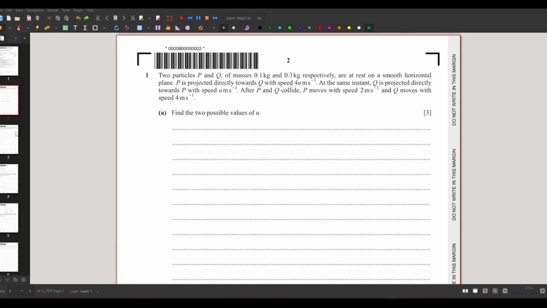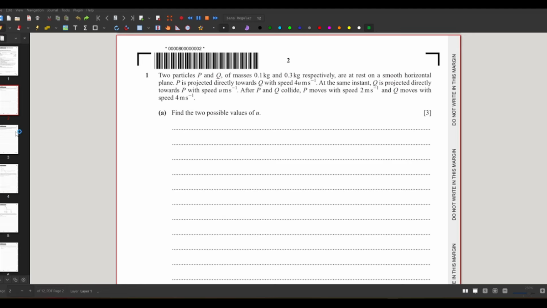But after collision, they don't mention the direction of movement of P and Q. So you can think both P and Q are moving in the same direction, or they are moving in opposite directions. Those are the two situations, so we have to consider both and apply the equations.